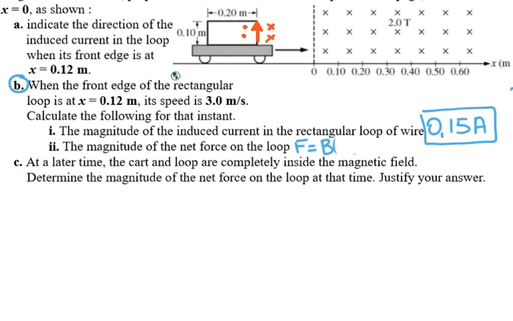The other two will cancel each other, the top and the bottom one. So I have H and then I, the current, and then the sine of 90 degrees. And so B is 2, H is 0.1, and the current we just found is 0.15. So that gives me 0.03 newtons.